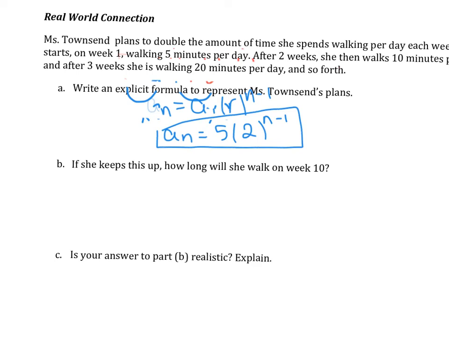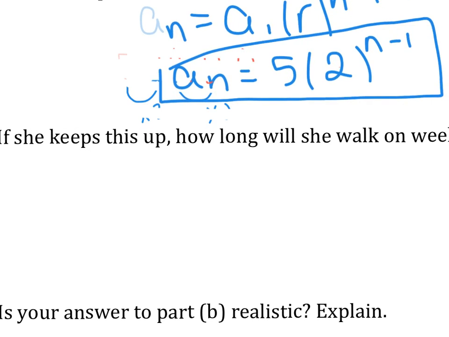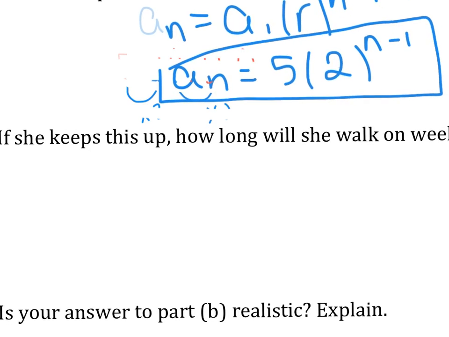So in this instance, we're going to be doing a sub 10 equals 5 times parenthesis 2 to the 10 minus 1. You can just type this into your handy dandy calculator as it's written, and you'll get an answer. I'll give you that answer in a moment because I need to take out my calculator.